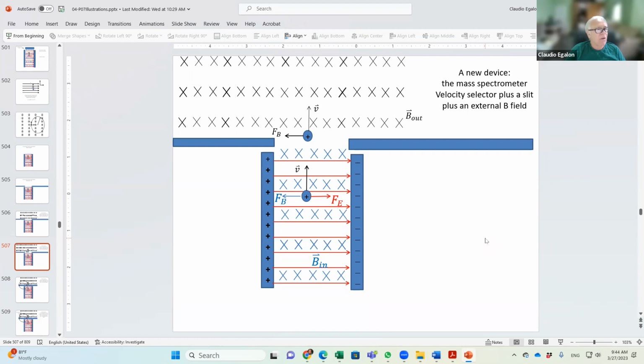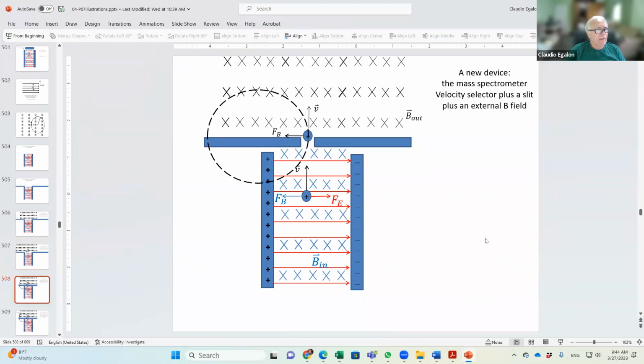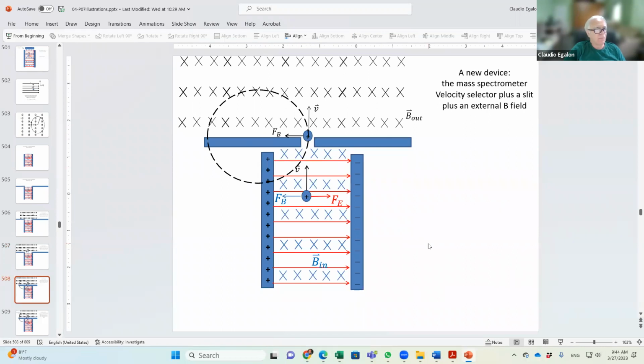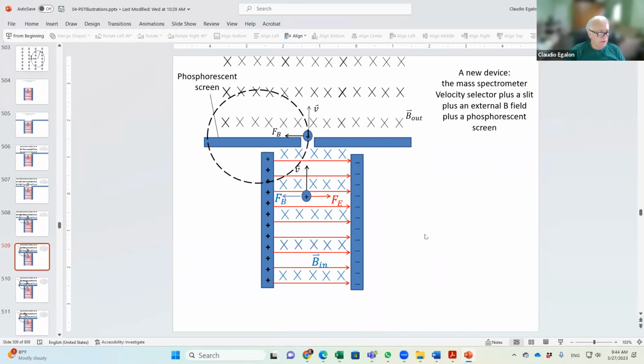And then what happens when it gets into this outside volume? It will undergo uniform circular motion towards the left, with this given radius. And this is a phosphorescent screen.